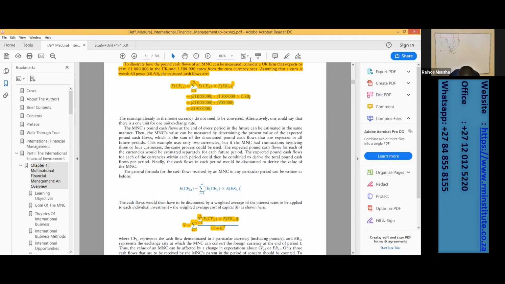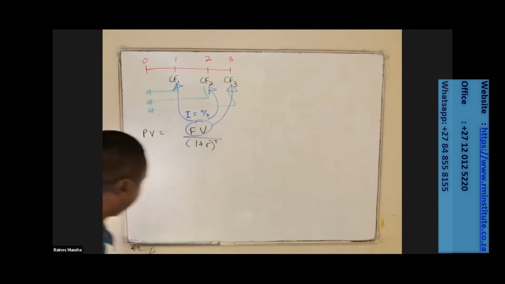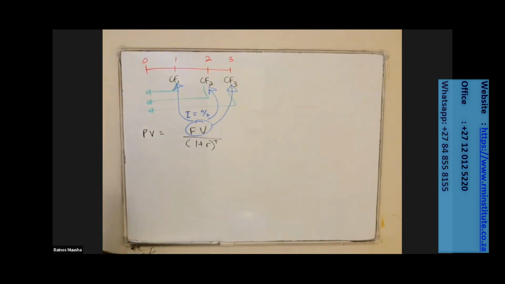What they're trying to explain here is that for a domestic firm, the cash flow is easily known because there's no movement between currencies.